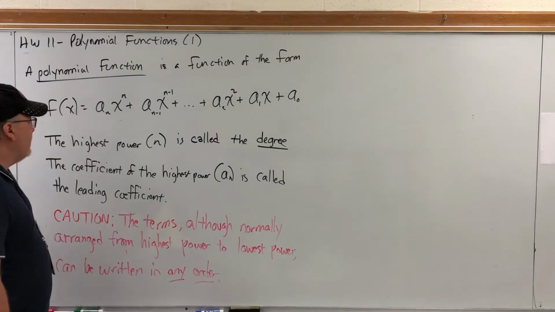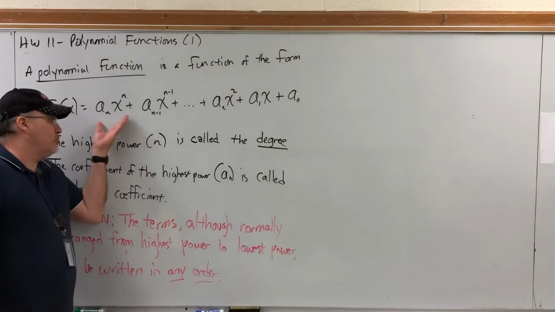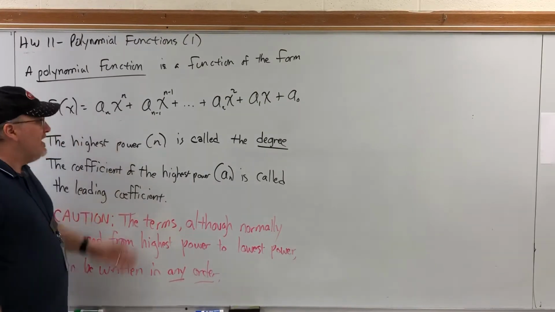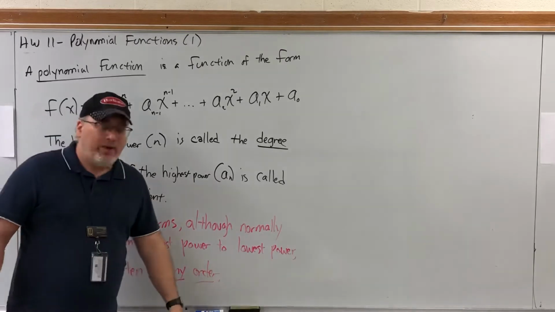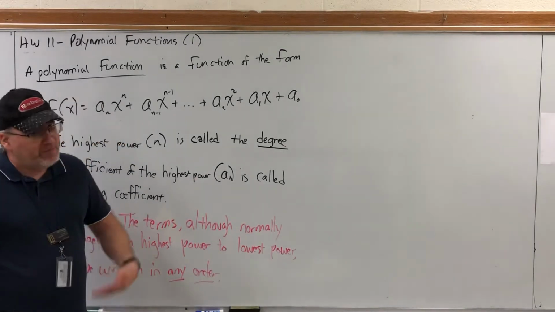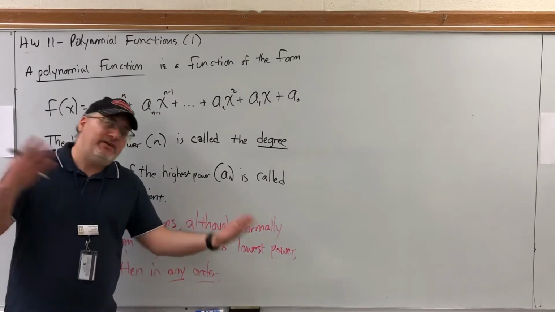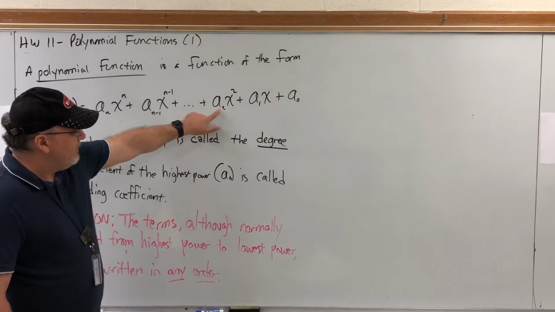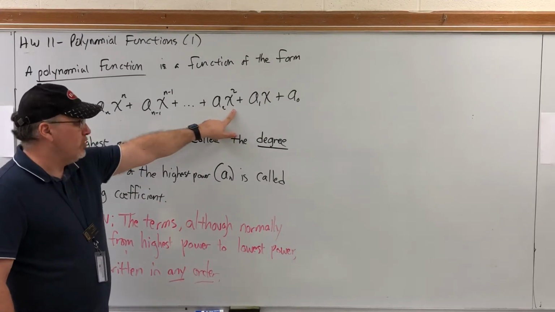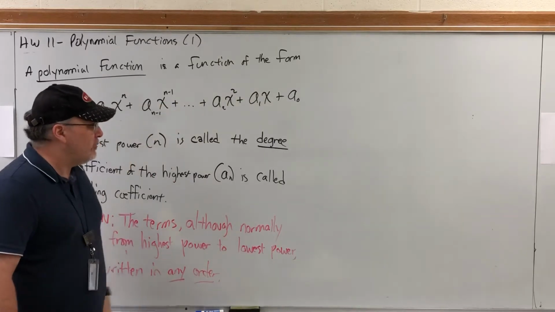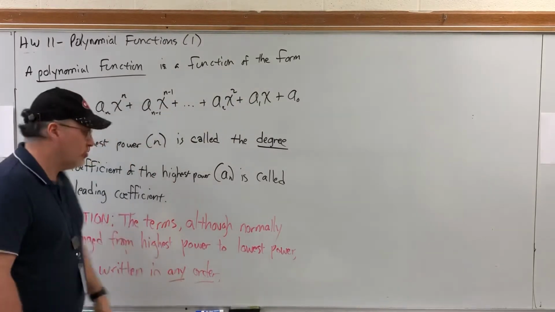A polynomial function is just a function that starts with some highest power of x with some coefficient in front of it, and then the powers of x just keep going down. Each one has a coefficient in front of it. The coefficient can be positive, the coefficient can be negative, the coefficient can even be 0. For example, if this coefficient in front of the x squared were 0, there would be no x squared term. So sometimes some of the terms are missing because their coefficients are 0.